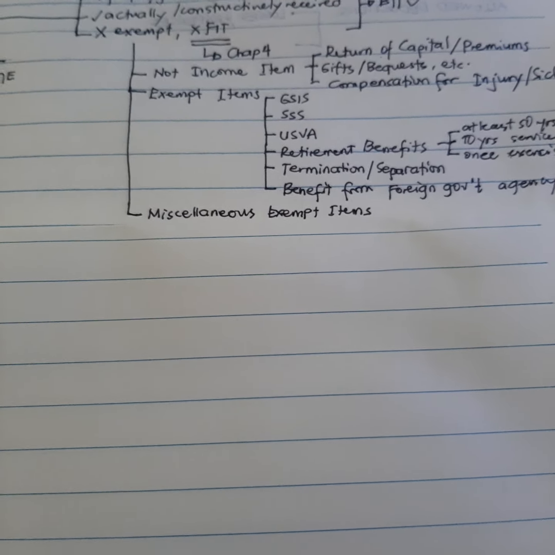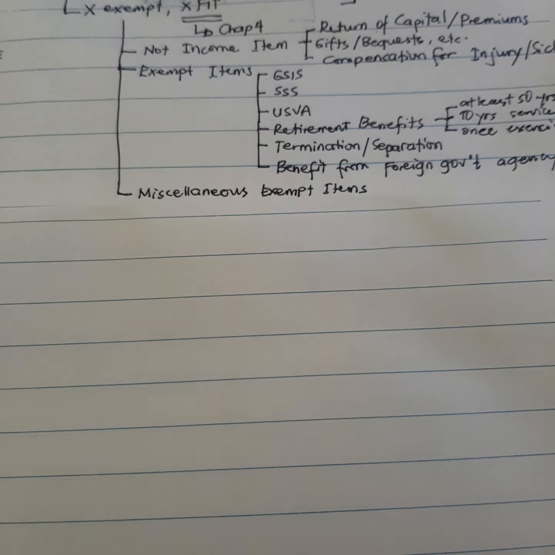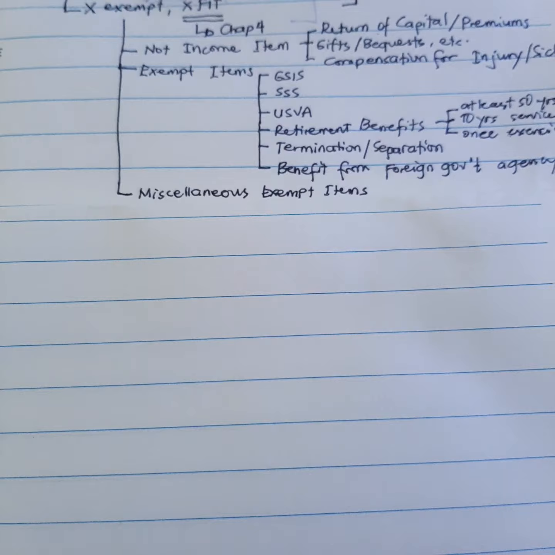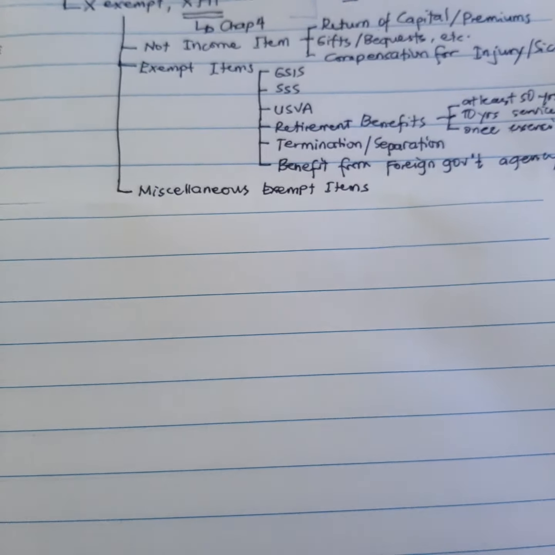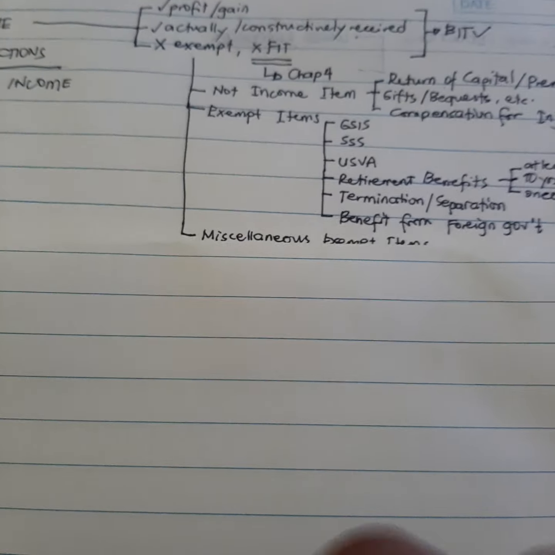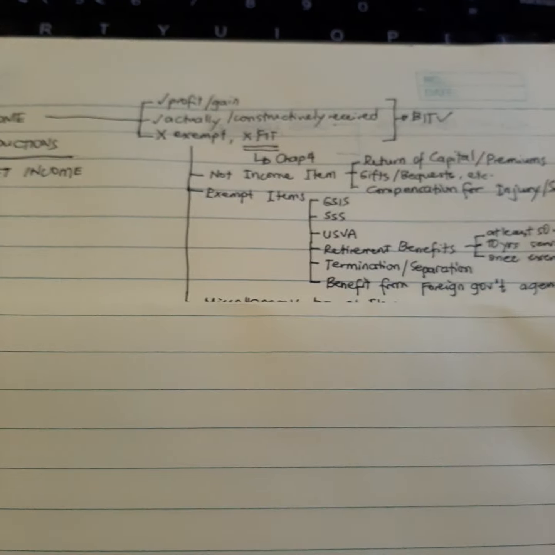Okay? Then the last one is the informer's reward, which is 10% of the revenue or 1 million pesos, whichever is lower. So, those are the items which are not included as part of the gross income.